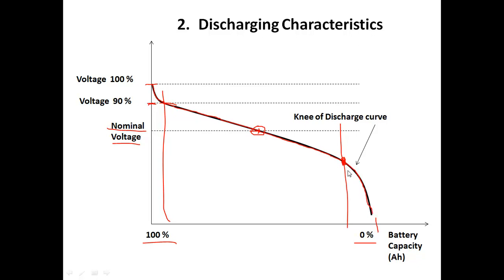The voltage drops very quickly. We have always seen in our mobiles that once the battery has gone down to 15%, it quickly discharges, and at approximately 3% the mobile automatically shuts down. So this is the discharging characteristics of the battery.